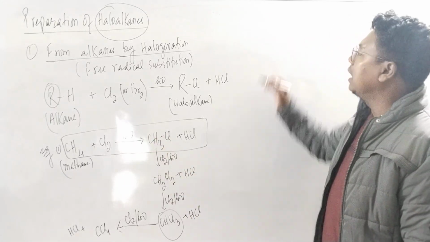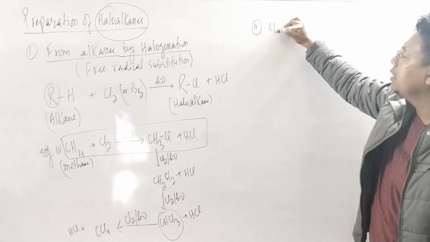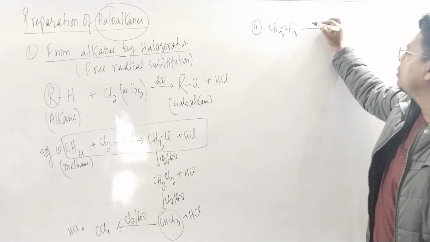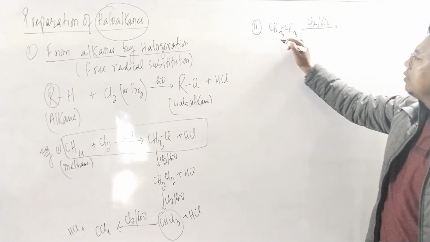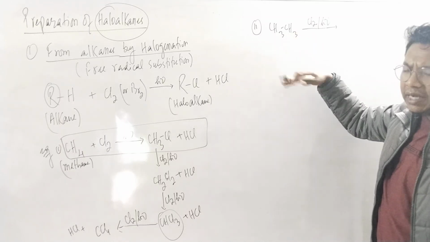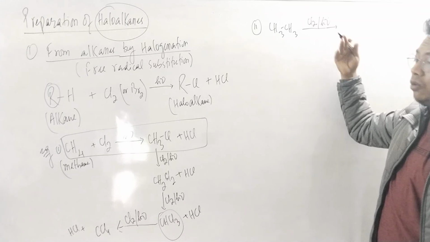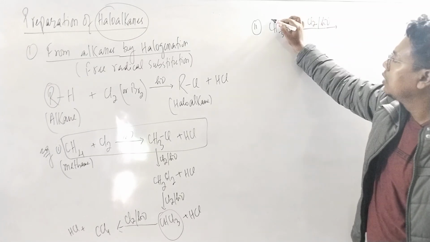Okay. Another example is, I am taking ethane and this is reacted with chlorine in presence of light. Then one of the hydrogen atoms from these two carbon atoms will be replaced by chlorine, and these two carbon atoms are exactly same.